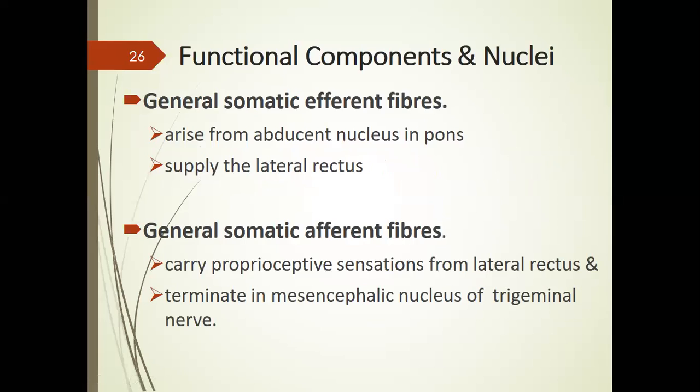So, functional components and nuclei of the abducens nerve. It has general somatic efferent fibers that arise from the abducens nucleus in the lower part of the pons, and these fibers supply only one muscle, that is the lateral rectus.